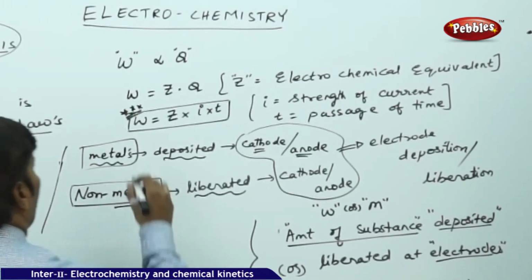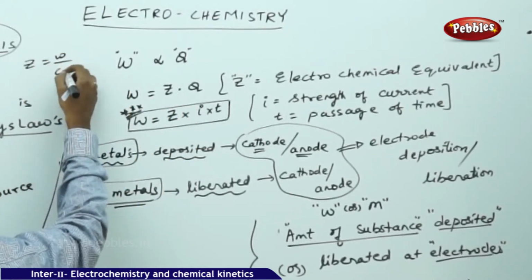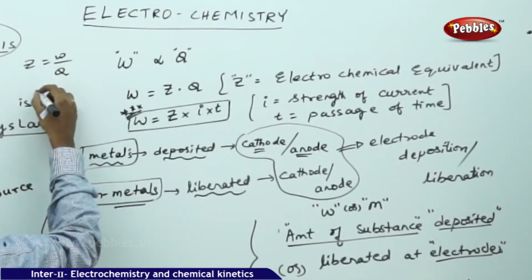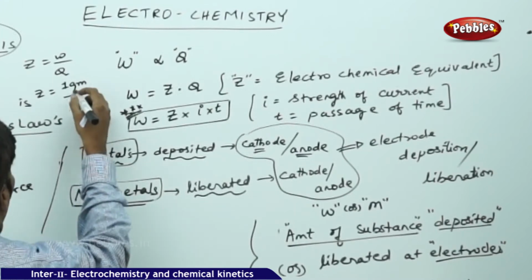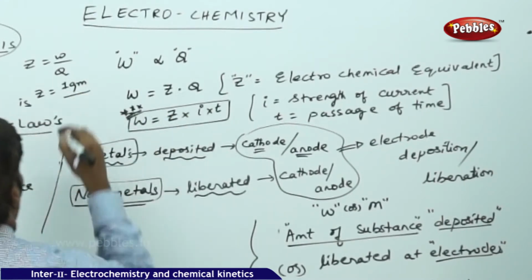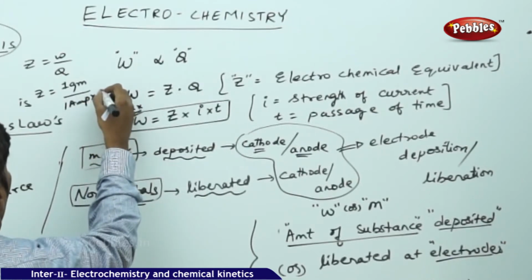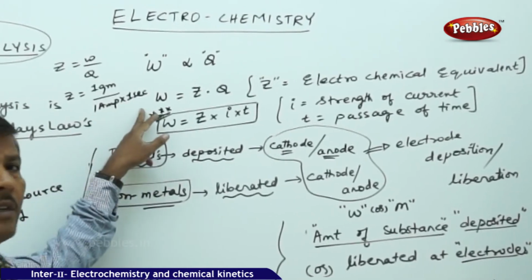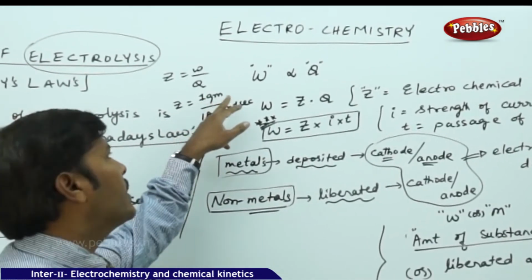Suppose Z is equal to W by Q. It is very clear that the Z value is going to become equal to 1 when 1 coulomb of electricity, that is, a current of 1 ampere for a time of 1 second, is passed into the electrolytic solution and deposits 1 gram.